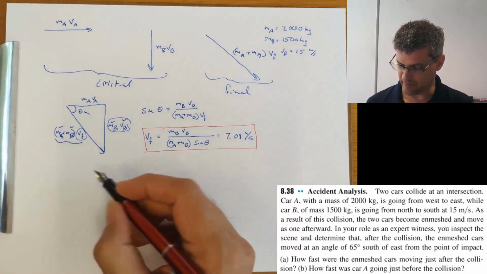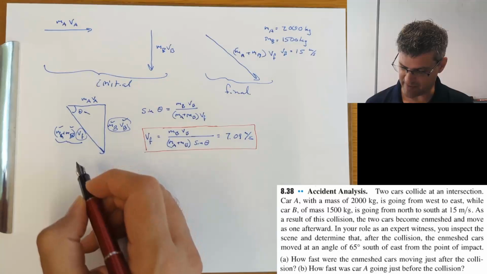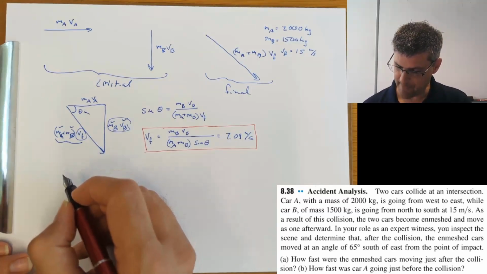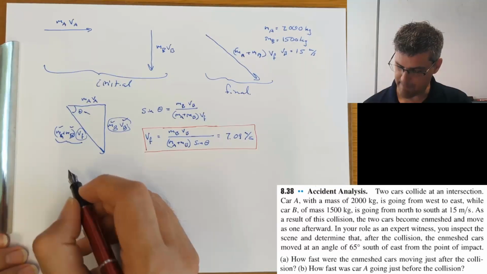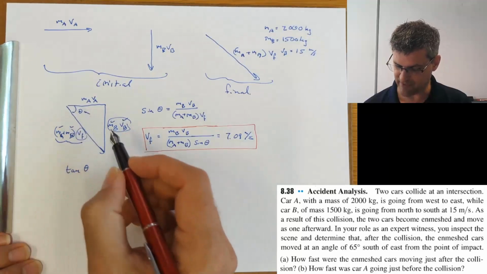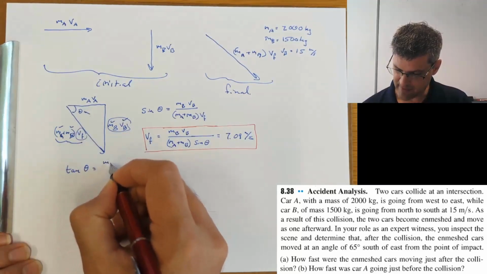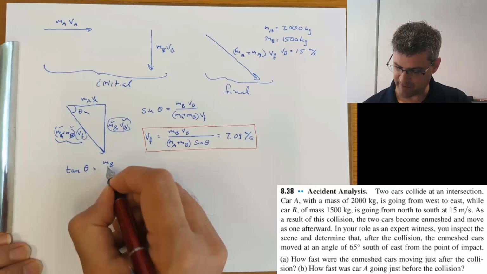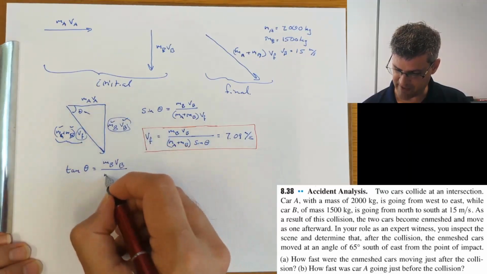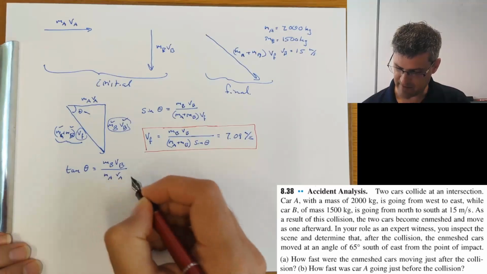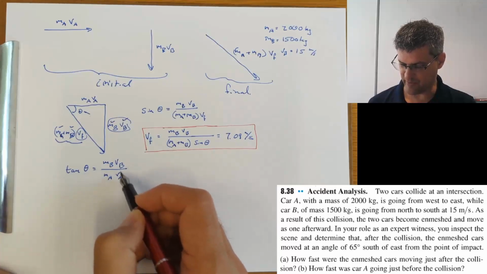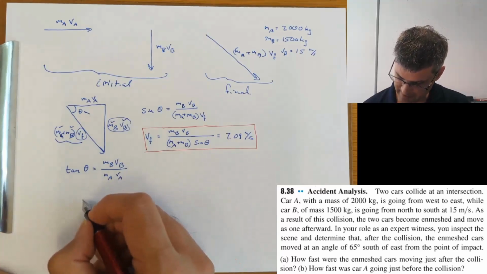So what's the best way to handle this? Let's do this. If we were to do the tangent of theta, that's equal to MB VB, the opposite over adjacent, MA VA, and we know theta already, so if we wanted to, we can rearrange terms here to find VA.